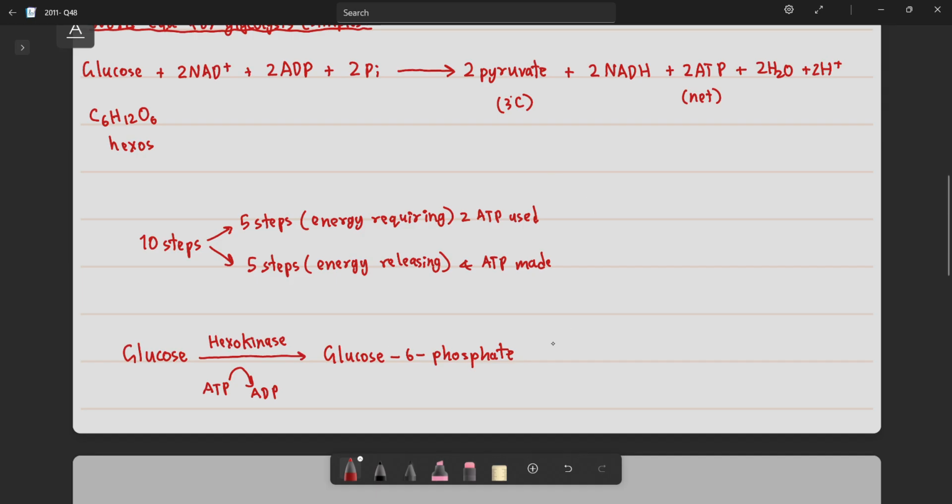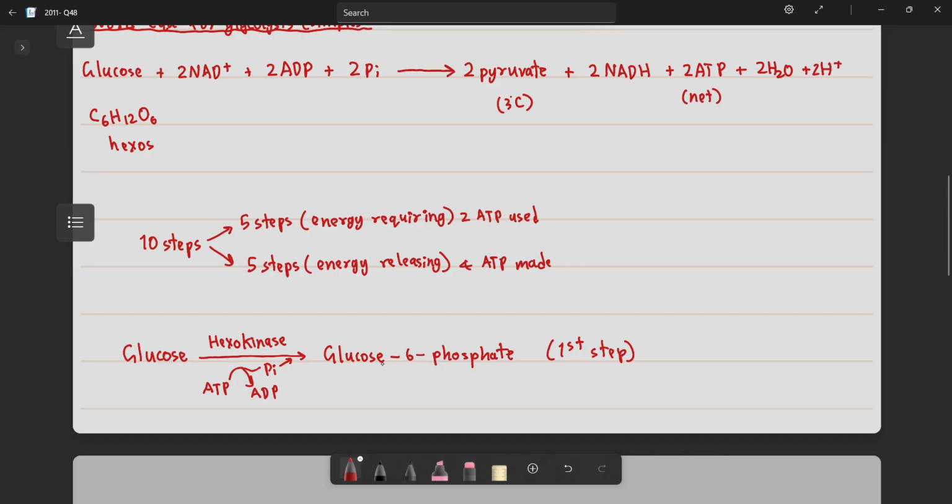This is the very first step of glycolysis, in the first five steps of energy requiring, because it uses ATP. From this ATP, they remove one Pi, the inorganic phosphate, and use this Pi to integrate into the glucose chemical structure and form the phosphorylated six carbon compound, which is glucose 6 phosphate.